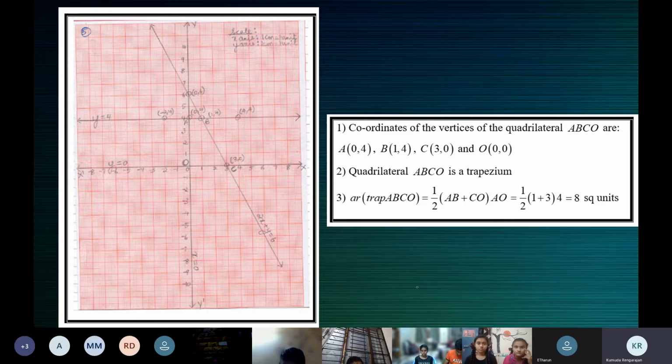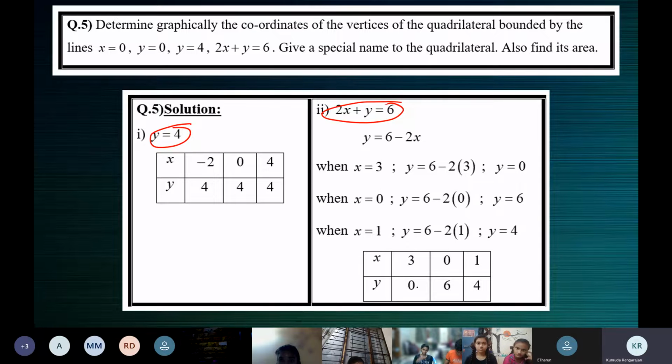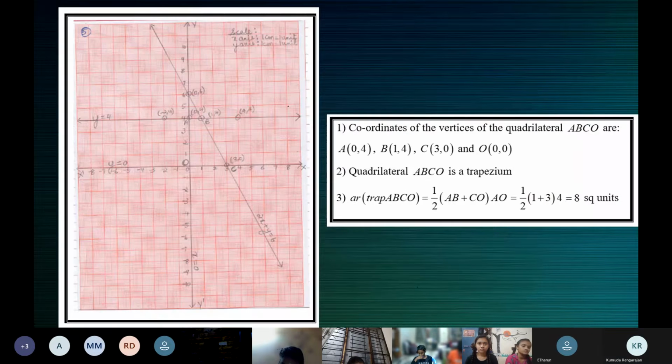So we've answered all three questions: the coordinates of the vertices, the special name, trapezium, and the area also we found.